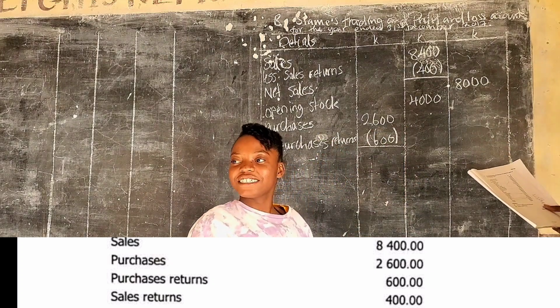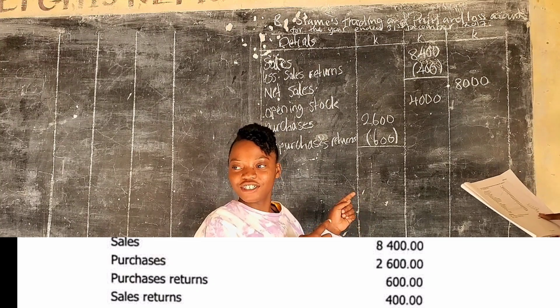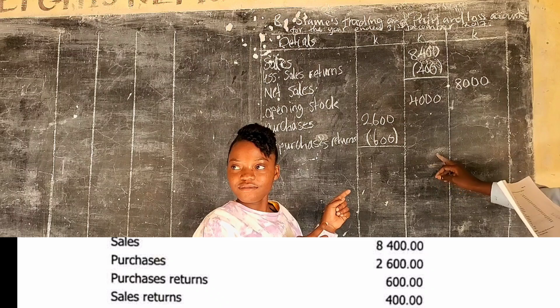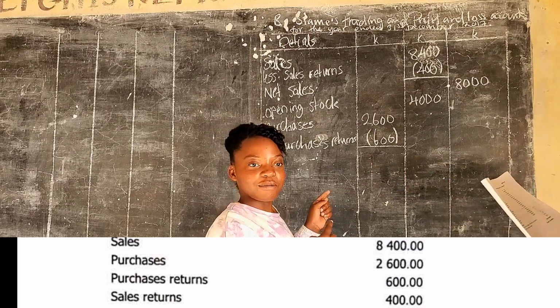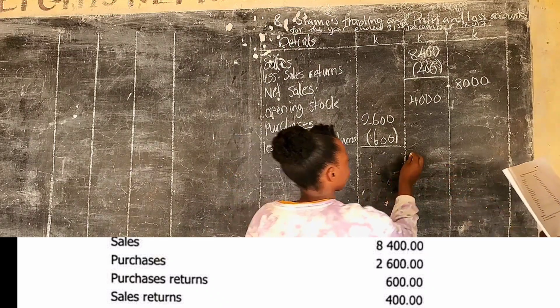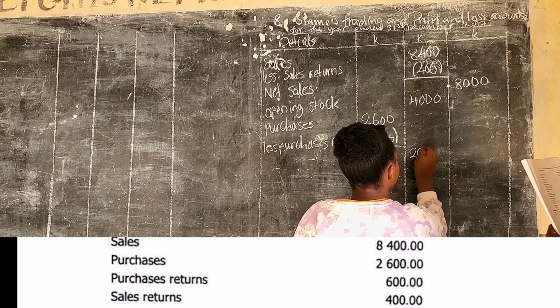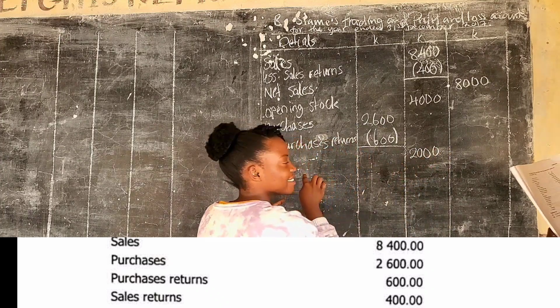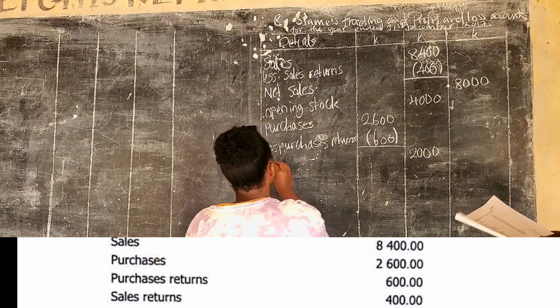Can you please do the calculations for us? 2,000, so it comes here. Moses, what is this called? Net purchases.